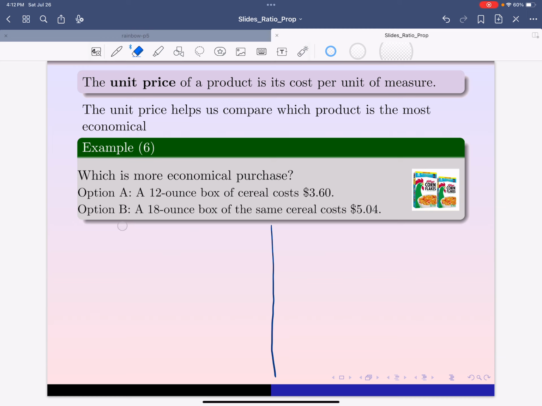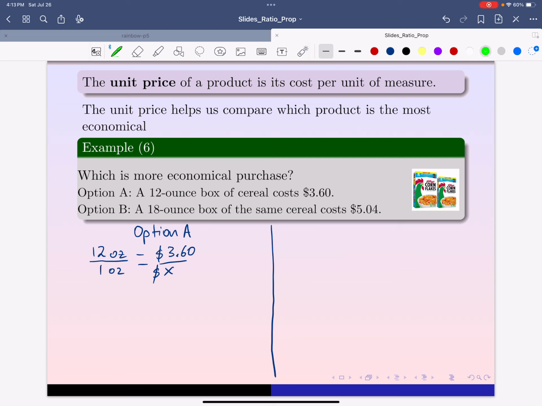So here we have option A. We have 12 ounces that cost $3.60. Now we want to find 1 ounce. That's going to be my x dollars.